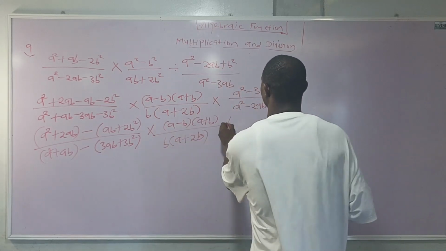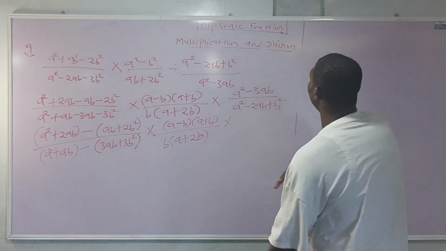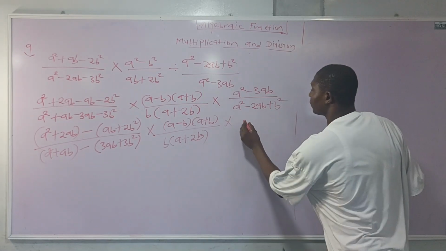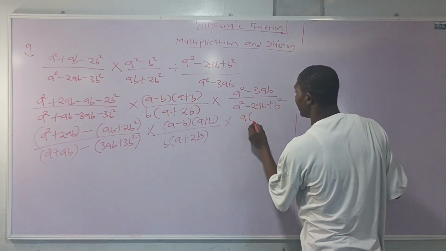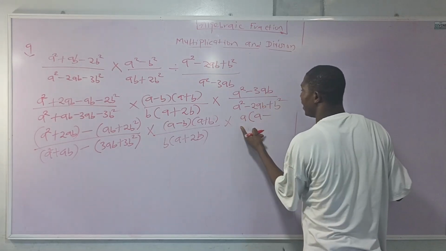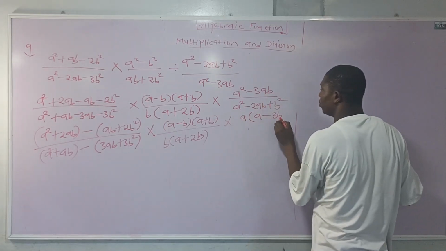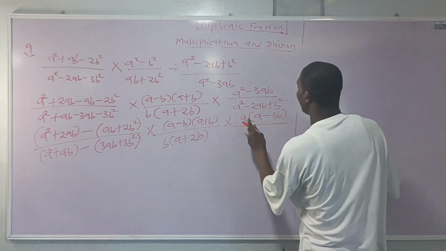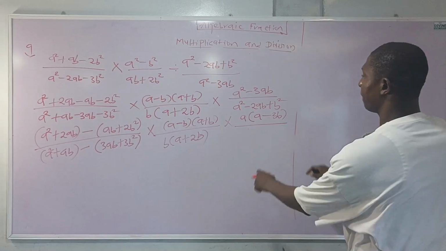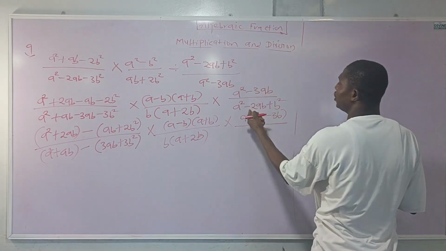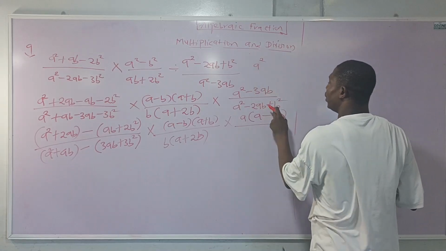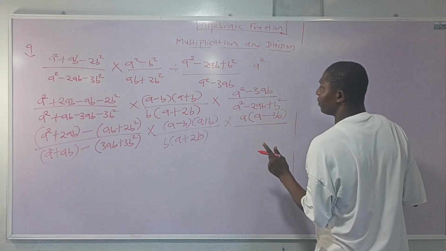Times, factoring out this will simply give me a brackets, a divided by a squared will give me a. 3ab divided by a will give me 3b. All over this, to save space, will give me a squared. Invisible 1 times invisible 1 will give me 1.